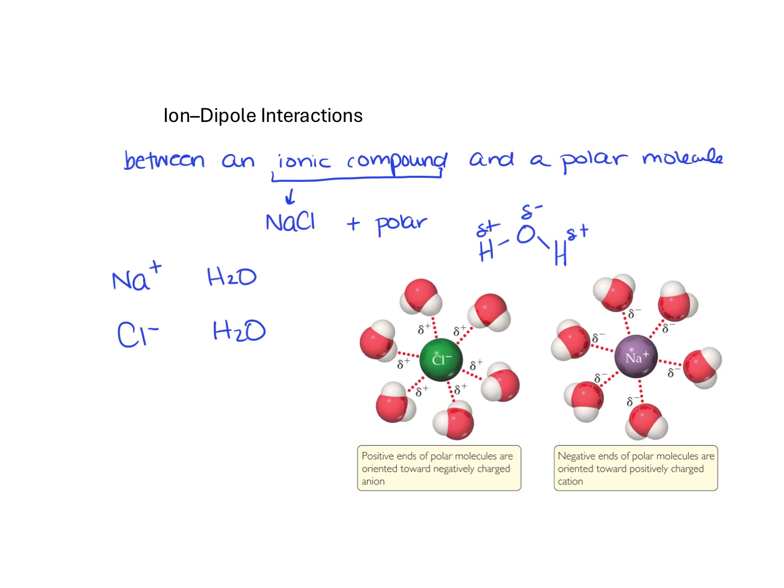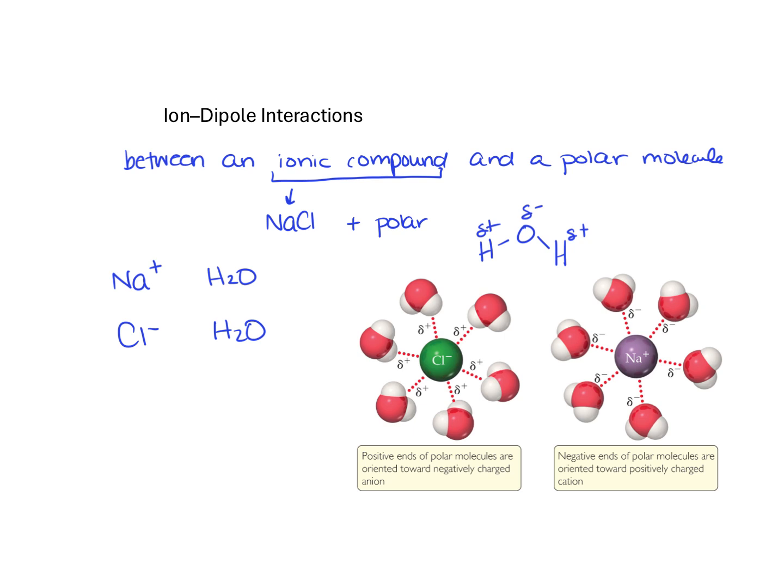I want you to notice that right here with the chlorine, it's the hydrogens that are oriented towards the chlorine because they are partially positive. And we know positives and negatives like each other. They're attracted to each other. Compare that with the sodium here. That sodium is positive. These oxygens are negative, and they're attracted to each other. And so this is what we see here.